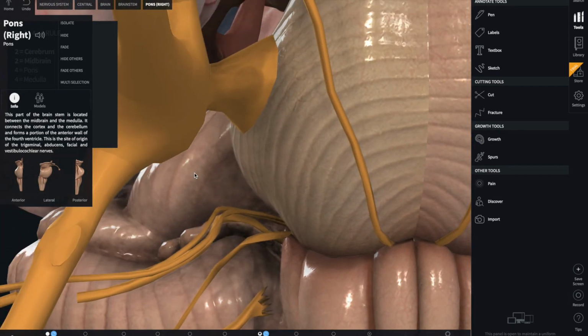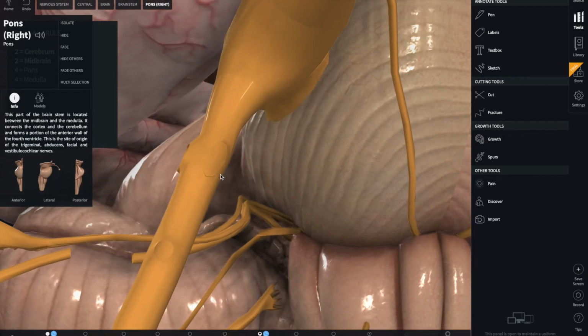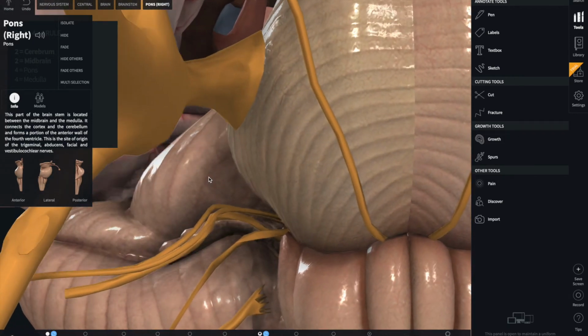But the first thing I want you to do is, well, our nerve that comes next would be number 7, and that will be my facial nerve. The facial nerve is the one that stems from the pons, like we're doing still, and it's the singular nerve, so the nerve that runs by itself.